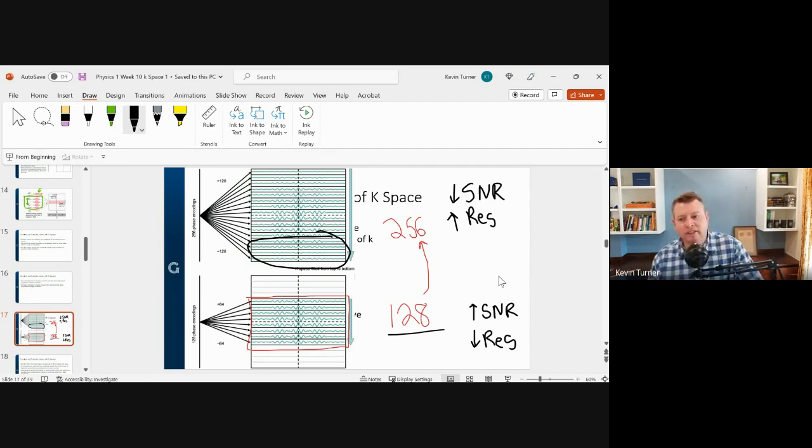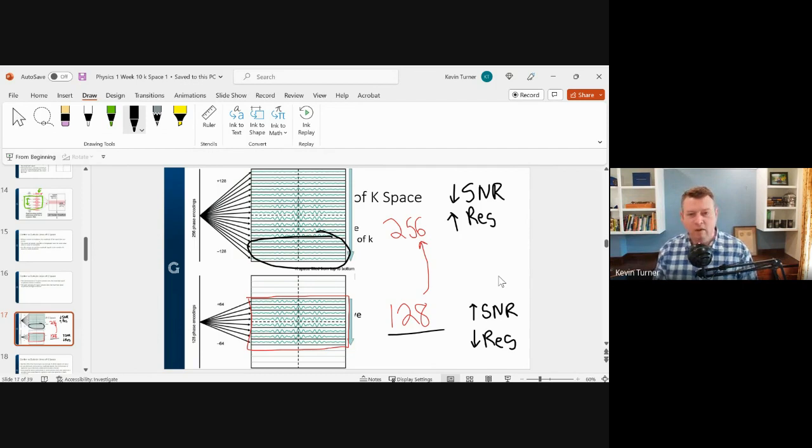So given a choice, we are always going to make the echoes and put them in the center of K-space first. We aren't going to use stronger and stronger phase encoding gradients unless we need to get that resolution. But as we do that, we create weaker and weaker echoes, which means the total SNR for our scan is going to decrease. All right.